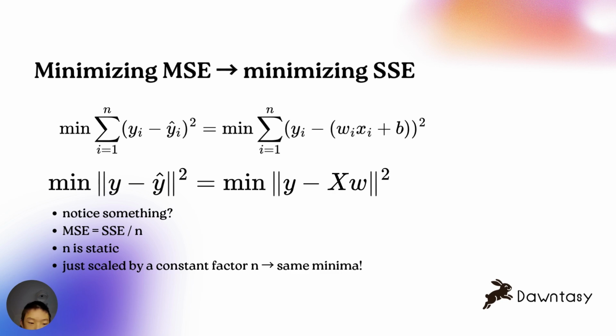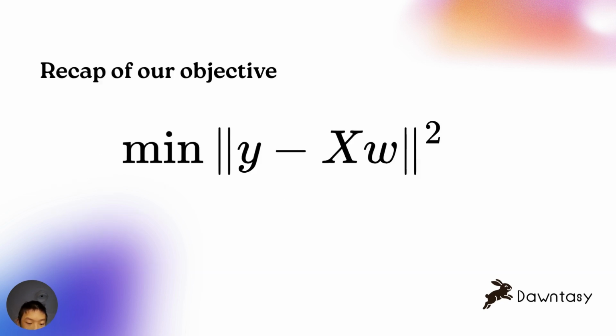It all comes down to the actual size of the data set, and that can't be changed. That's not learnable in training. Thus, since it's just scaled by this constant factor n, it yields the same minima. Minimizing MSE is just minimizing SSE, just scaled differently.